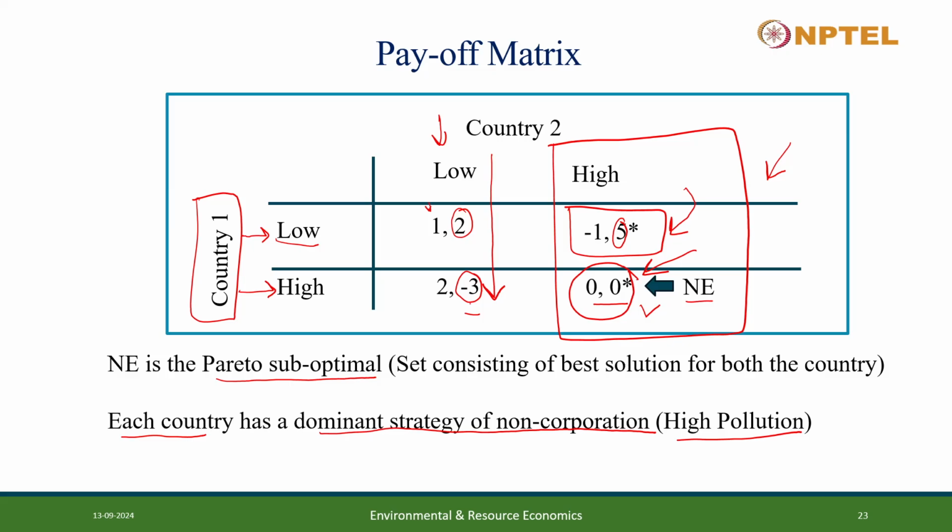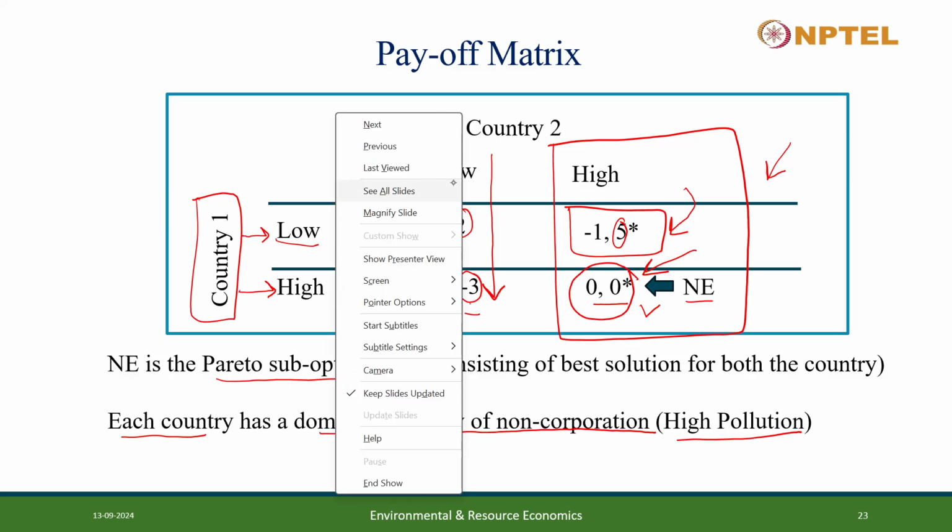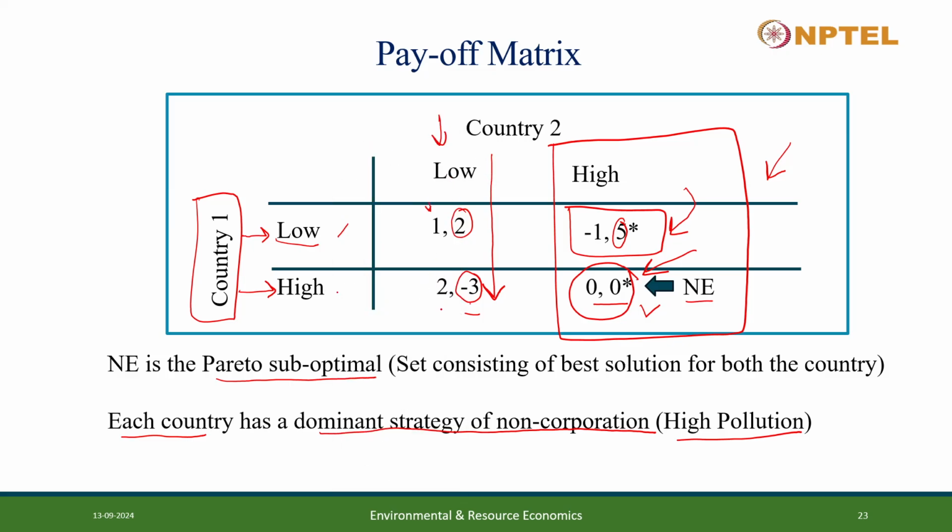From here we try to draw the payoff matrix. What is a payoff matrix? Let's say there are country 1 and country 2. If both countries reduce their pollution, that is low, then the payoff for both countries is 1 comma 2. If country 1 pollutes high and country 2 pollutes low, then the payoff is given by 2 comma minus 3, and so on.